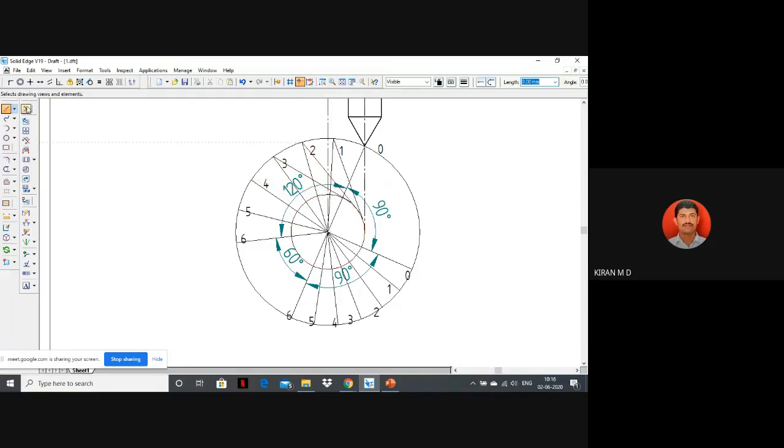And also when you're doing manually, it is not necessary to draw this line, just you mark, that's enough. This line we don't want. So we have drawn this line. So then from this, this is tangent line for this one.